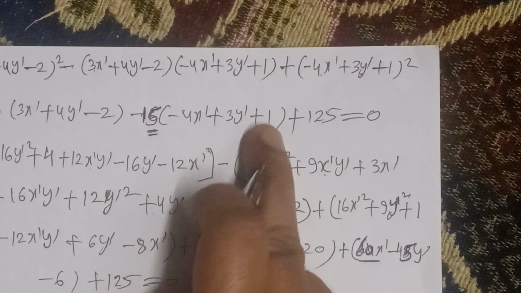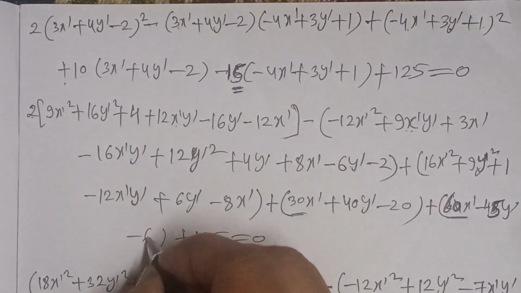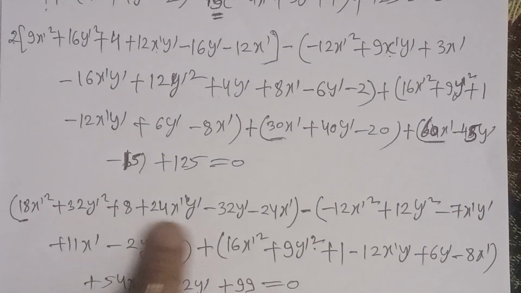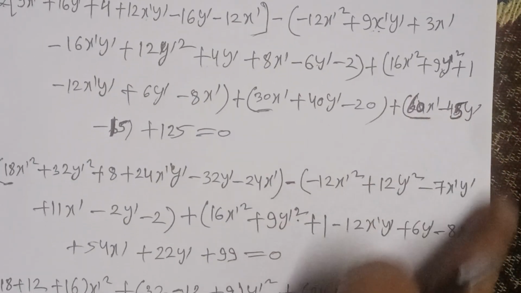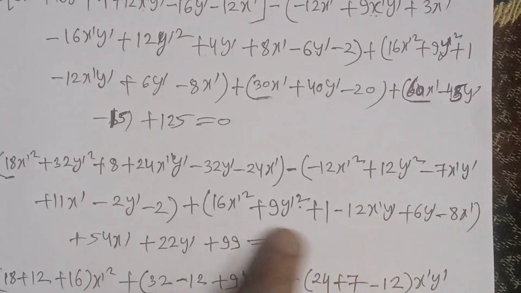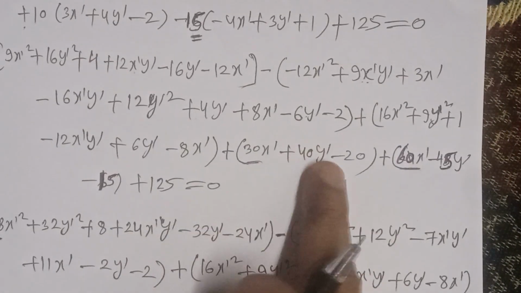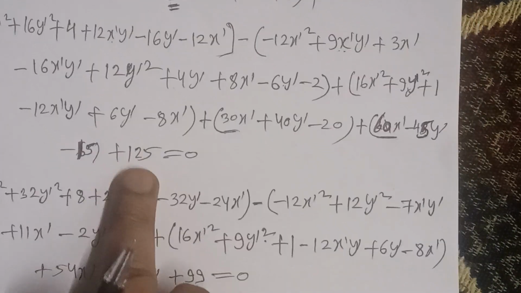When this value is multiplied by 1, we get minus 15 here, and then the coefficient of the last bracket changes. The coefficient of the last bracket, I calculate by solving these two brackets and this value.